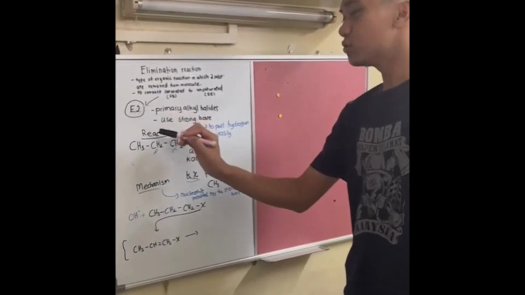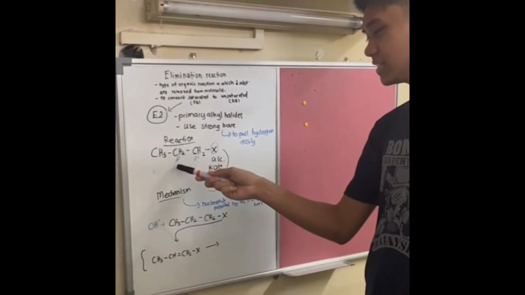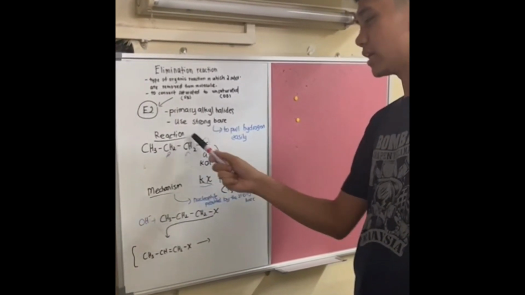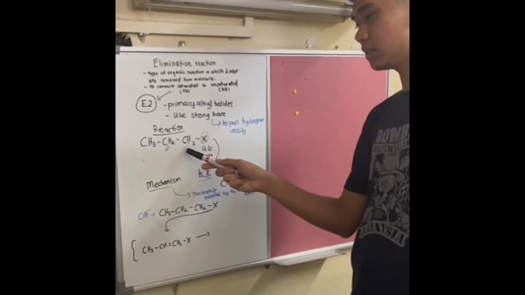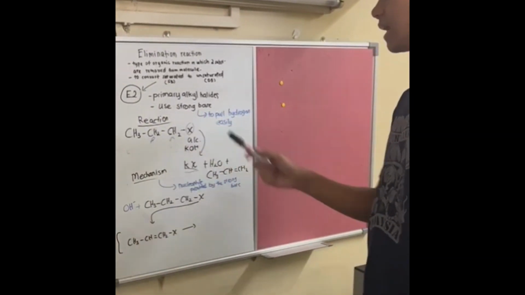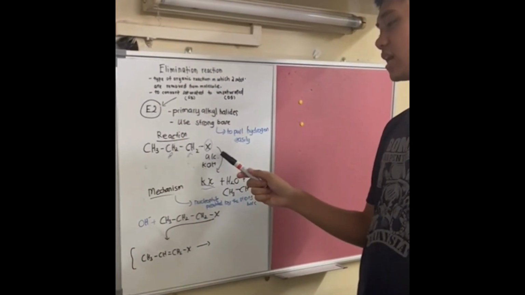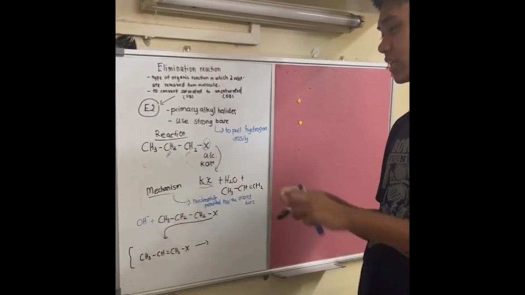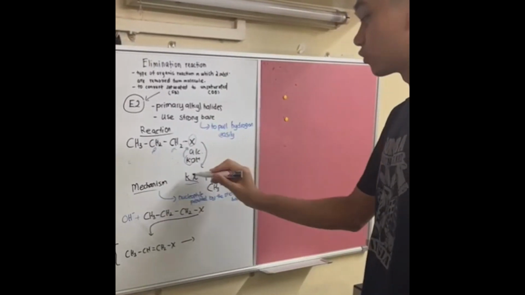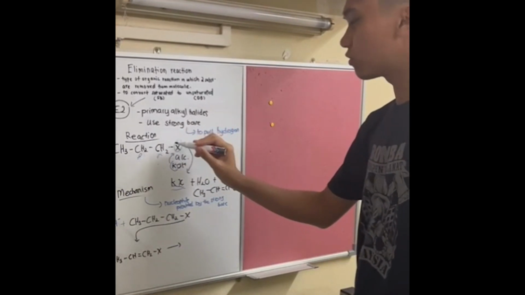So from the E2 reaction, we see a molecule here I've drawn. We classify this as the beta carbon because it isn't attached to any alkyl halide. This one is the alpha carbon because it is attached to the alkyl halide. So the molecule will react with the alcoholic KOH, causing the KOH to react with the X and form KX, while the X is eliminated from the molecule.